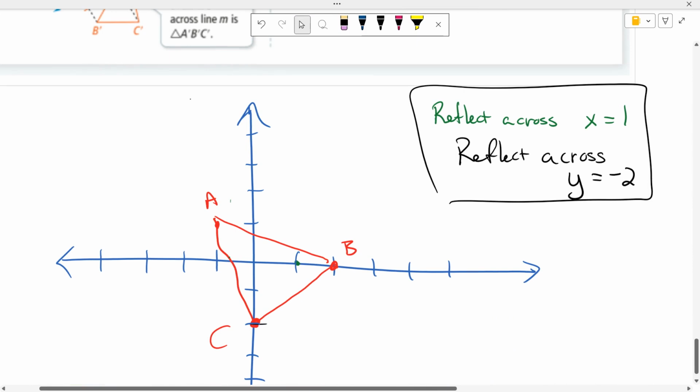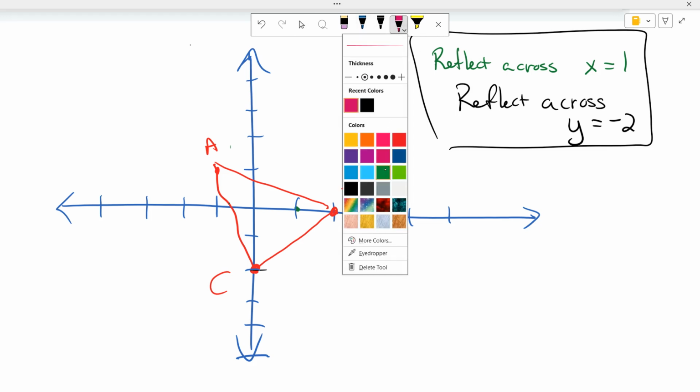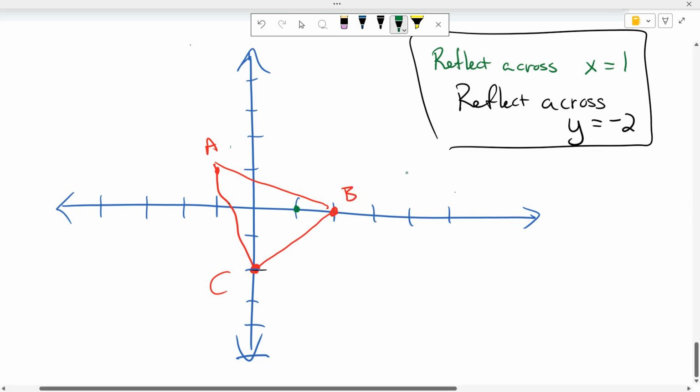Now, something they didn't go through, but we have problems about it, is let's reflect across the line x equals 1. What the heck is the line x equals 1? Well, it's a line with 1 as all the x values. So it is a line with (1, 0), (1, 1), (1, 2), (1, 3).